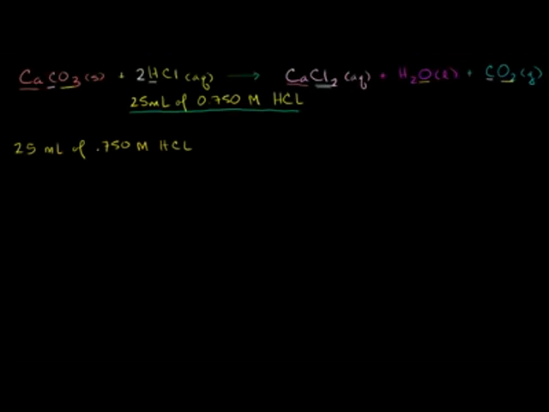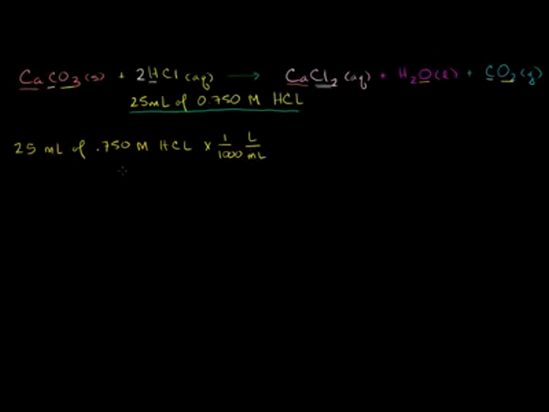So the first thing we need to think about is the molarity is always expressed in moles per liter. This is expressed in milliliters right now. So I want to get rid of the milliliters. I want it to be in liters. So I want to multiply it by liters, I'll just write it as a capital L, per milliliter. And we know we have 1 liter per 1,000 milliliters, or there's 1/1000th of a liter per milliliter, however you want to view it. That's going to cancel out the milliliters.